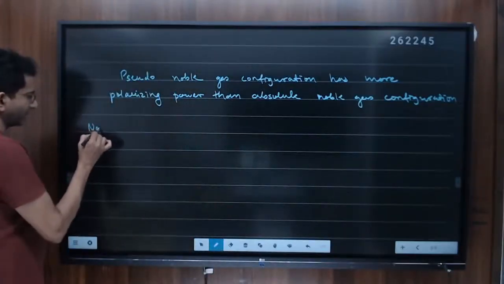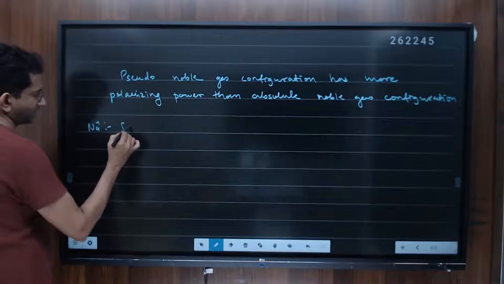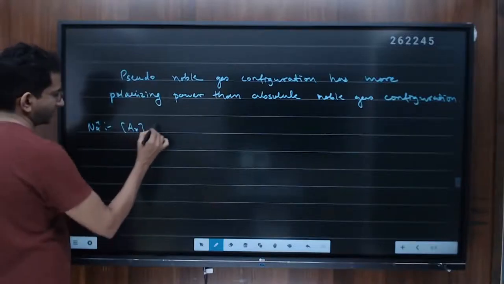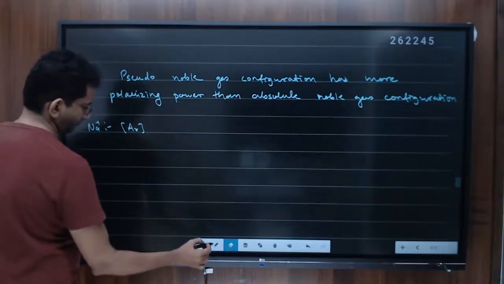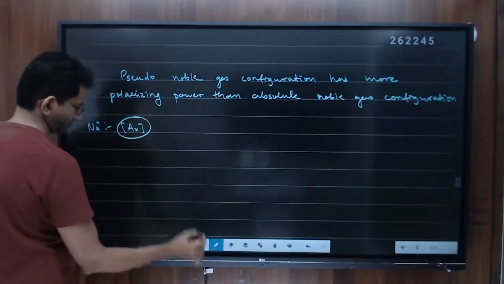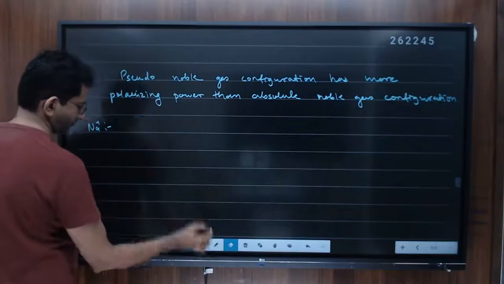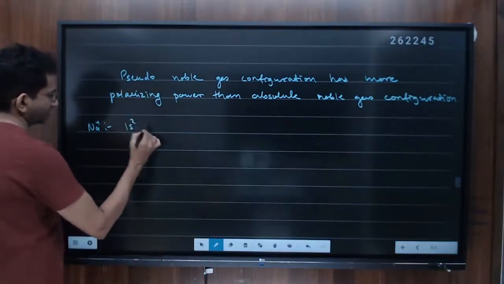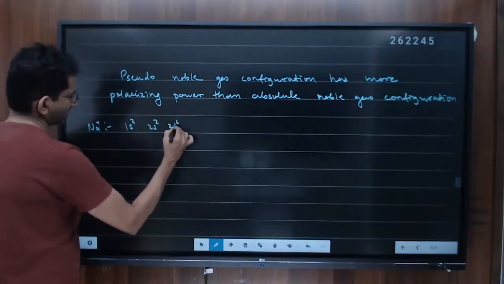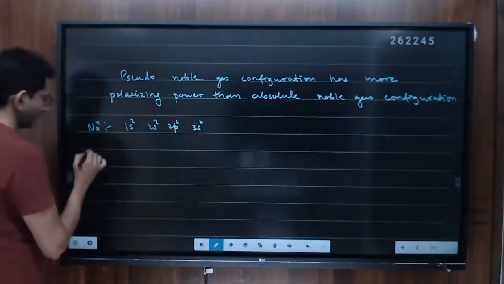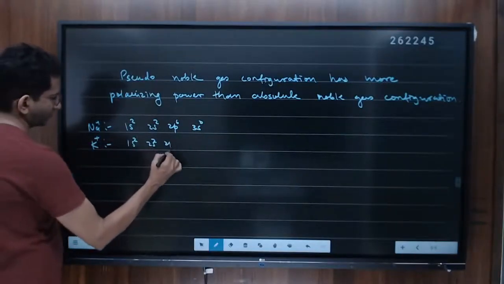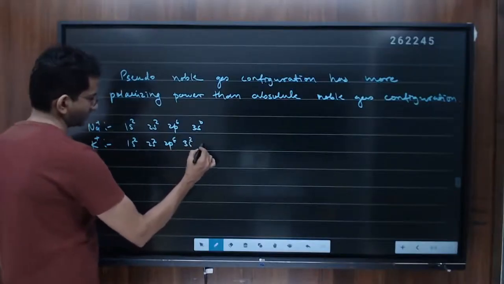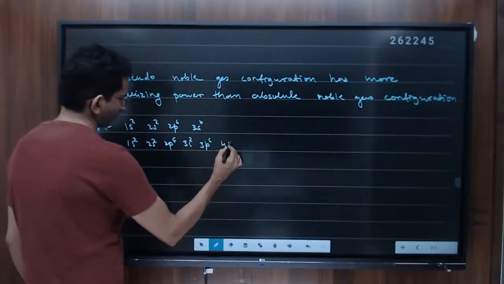Let me tell you, Na plus, this is argon-like: 1s2, 2s2, 2p6, 3s0. K plus, this is 1s2, 2s2, 2p6, 3s2, 3p6, 4s0.